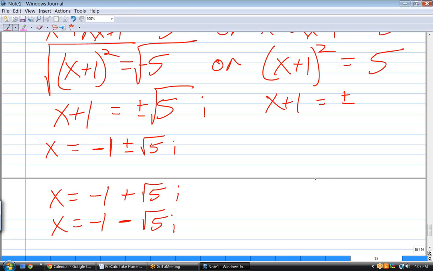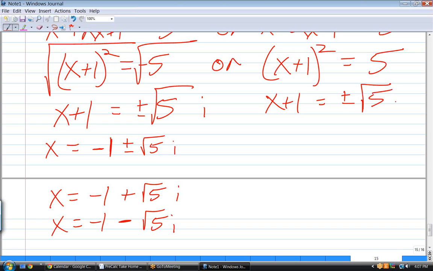Believe it or not, that is the toughest thing in math to teach. I kid you not. I've tutored for 7 years, and that's the hardest thing for students to learn, is to always start your answer with plus or minus when you're taking the square root of both sides of an equation. So it's plus or minus square root of 5.